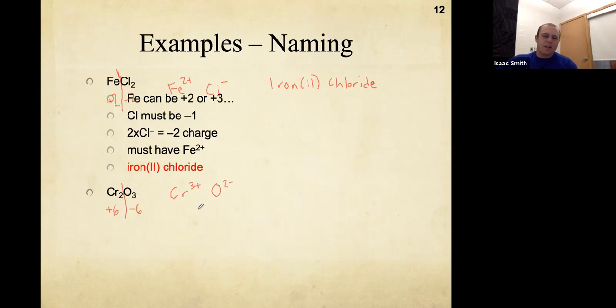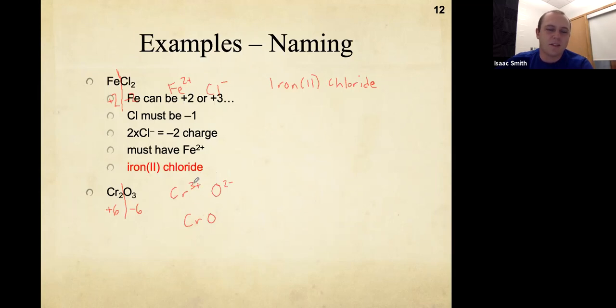All right. So at this point, this is where that cross method is useful. If I draw CrO, and I'm trying to figure out what the subscripts are, sometimes it's a little hard to visualize in your head that you need to go up to the least common multiple of these two.